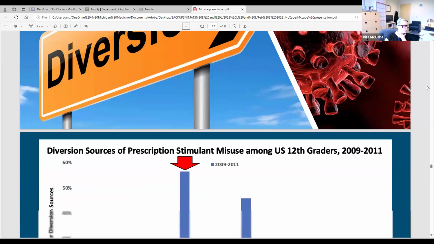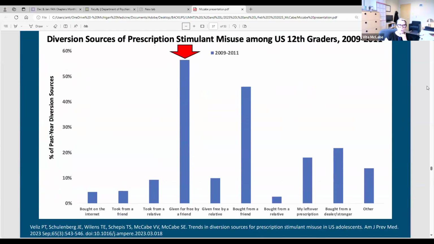All right, let's talk a little bit about diversion. Next slide. Diversion pre-COVID was largely that 56.5% of non-medical users were given the stimulant by a friend in 2009 to 2011. Next slide.